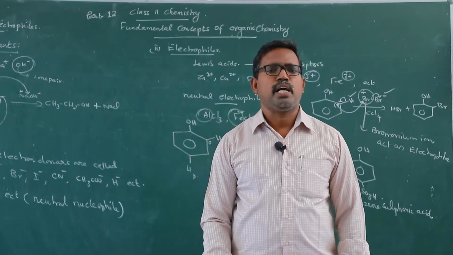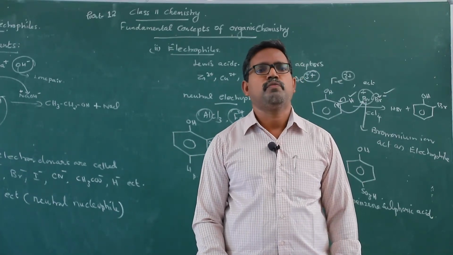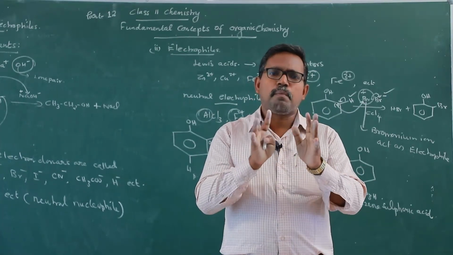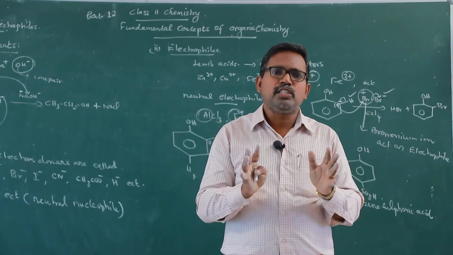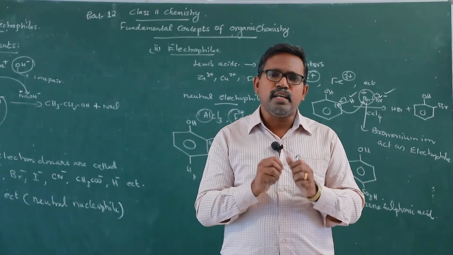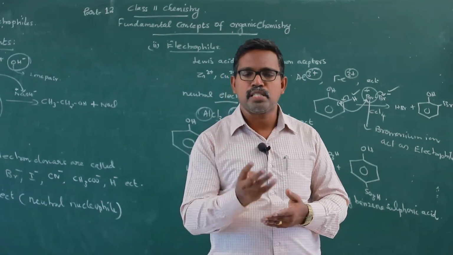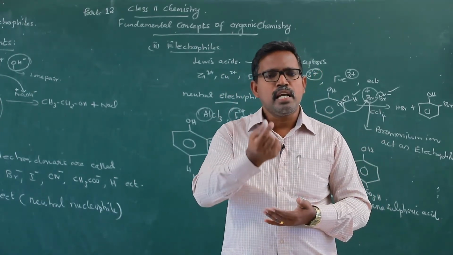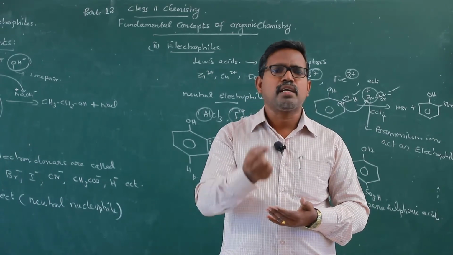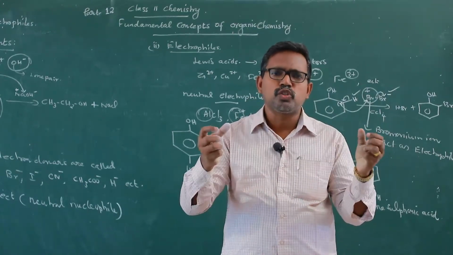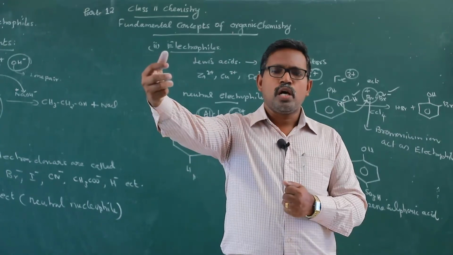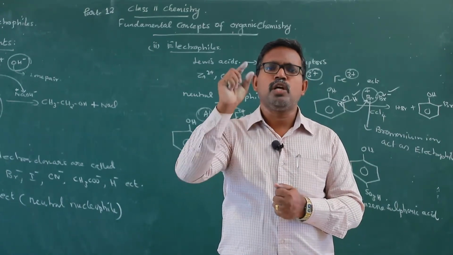One important point about the electrophile: it must have a vacant orbital to receive electrons from the donor atom, because electrophiles are electron deficient centers. It must have a vacant orbital which acts as a storage to receive the electron from the donor atom.